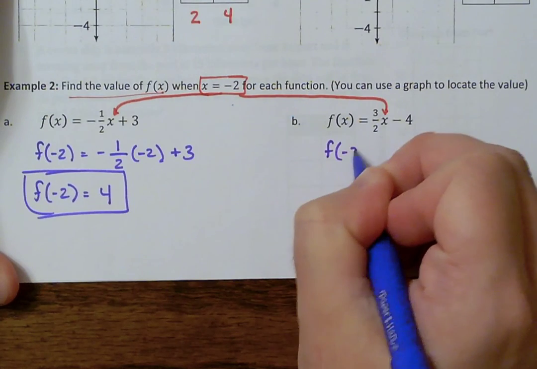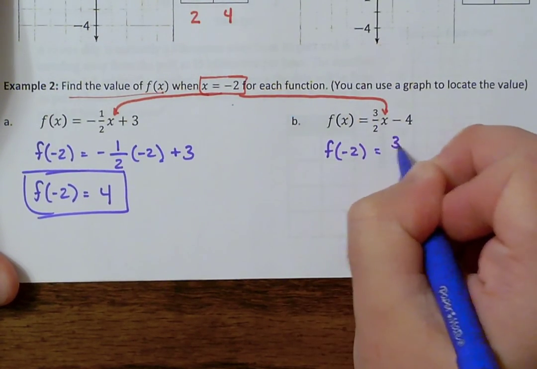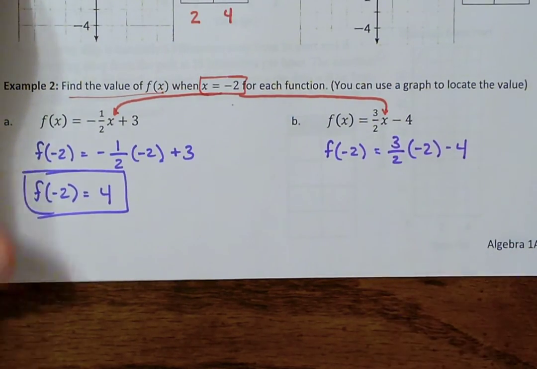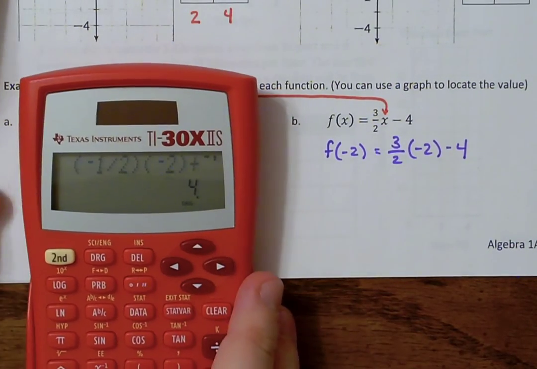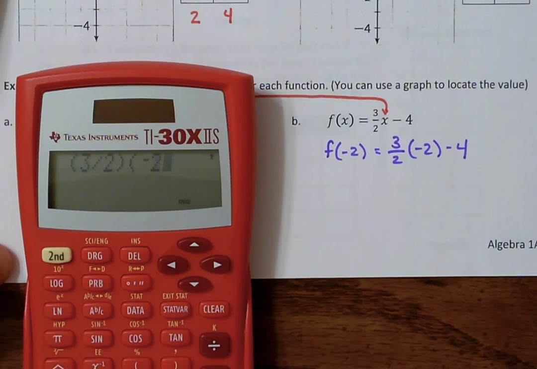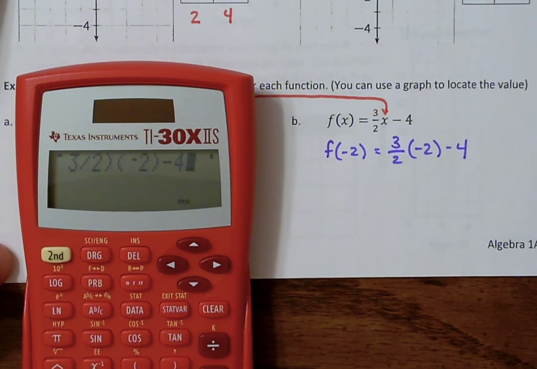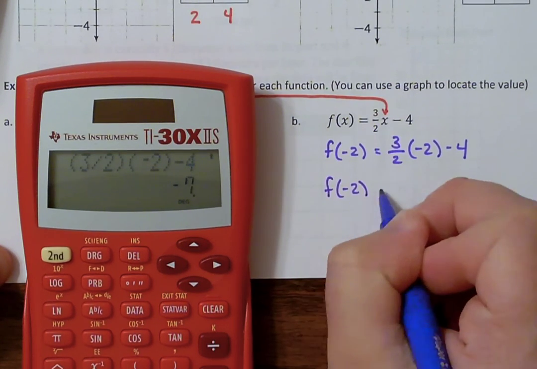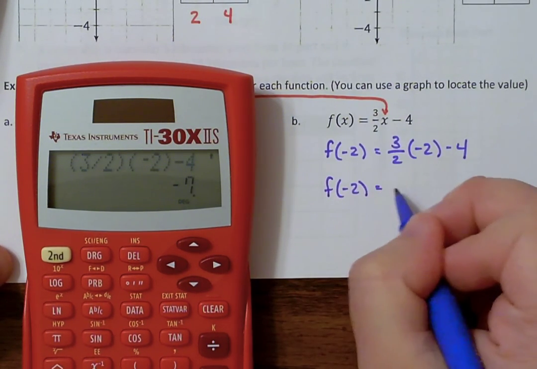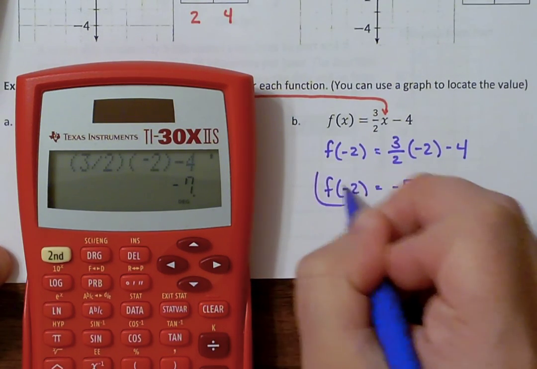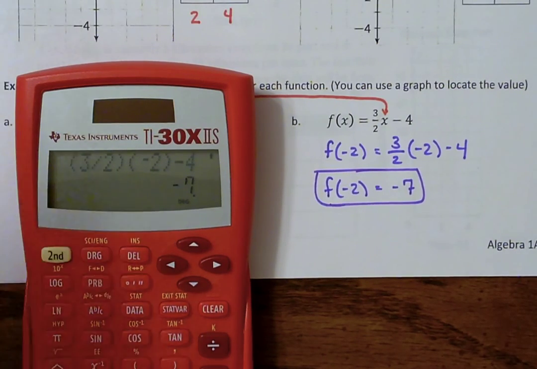So we have f of -2 equals 3/2 times -2 minus 4. So we're going to plug that in to our calculator. So parentheses, 3 divided by 2 times a -2 minus 4. We end up with -7. So when x equals -2 for this function, f of x is going to equal -7.